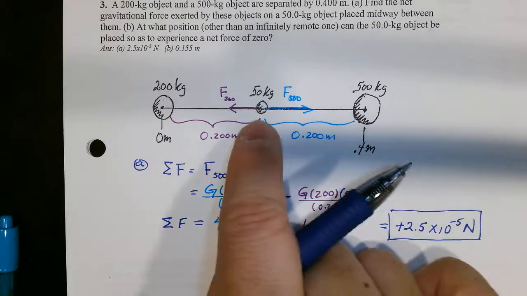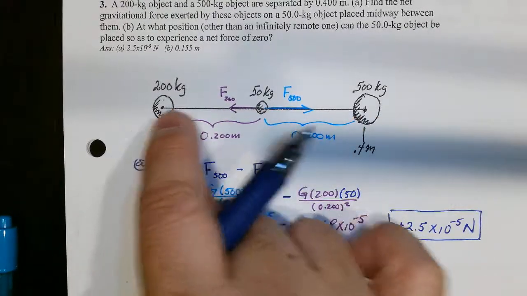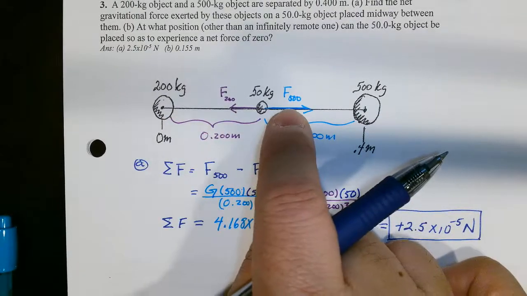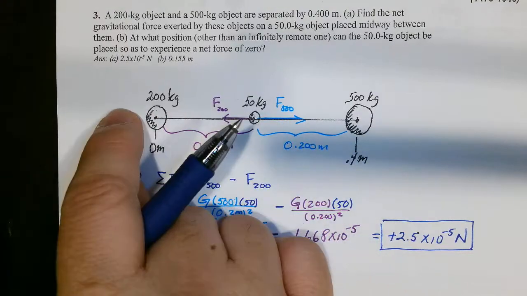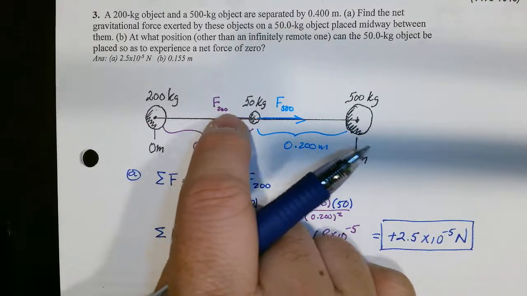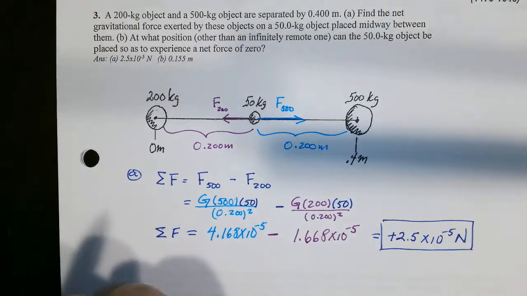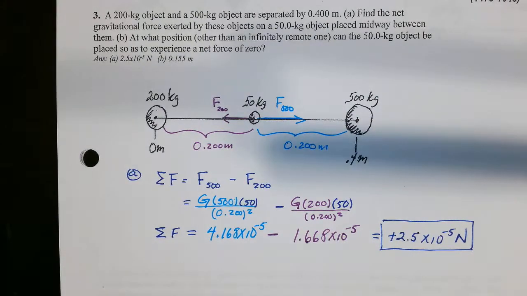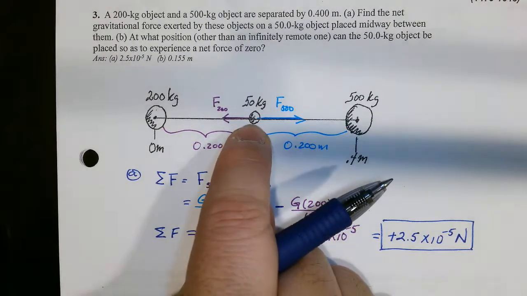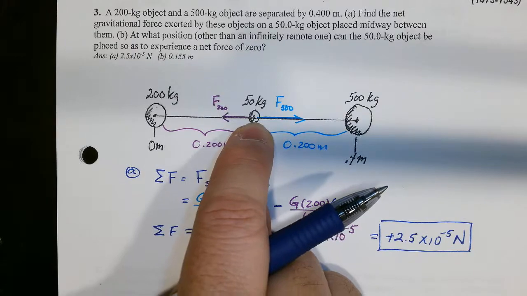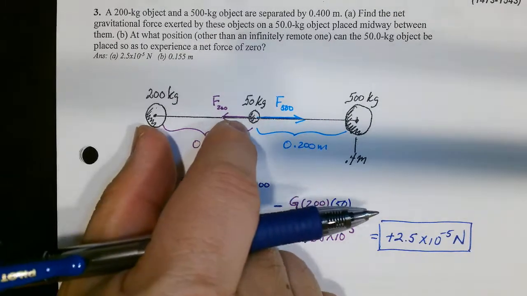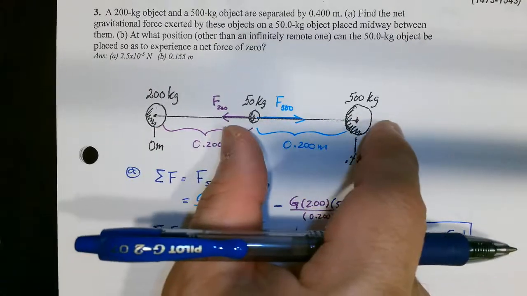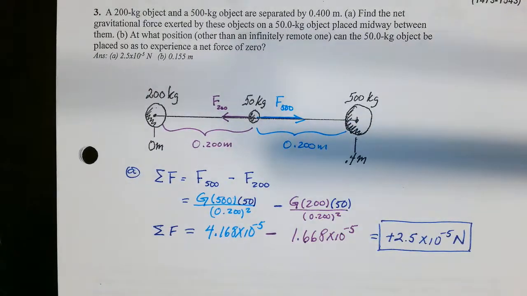But if you were to place this somewhere in between these two masses, they're going to cancel out, because the force being pulled this way is going to be the same as the force being pulled this way. Most likely, if I had to guess, it's going to have to go towards the smaller mass. So the force is the same as the force here.